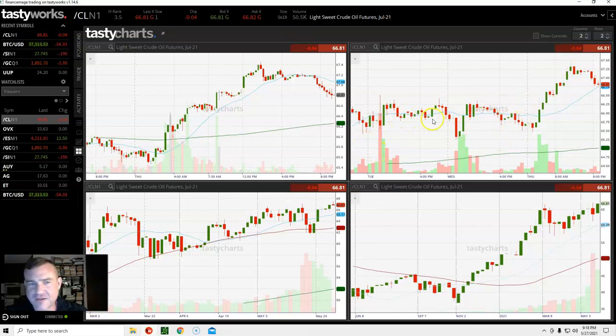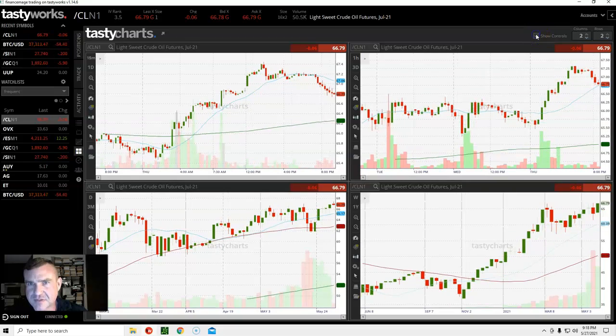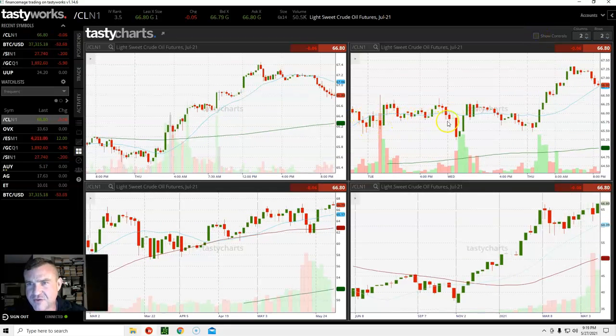And by looking at these, like the hourly chart, we see right in here around the 66 down to the 65 for the last, what was it, 3 days? The last 3 days we've kind of been going sideways.